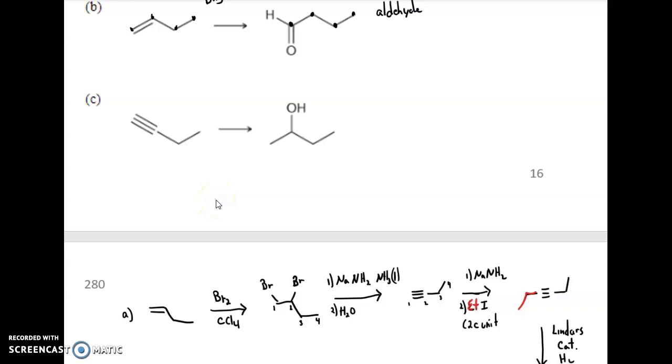Okay. So let's do C right here. We need to get an alcohol on this carbon right here. We have 4 carbons in our reactants and 4 carbons in our product, so we don't have to add any carbons. What we're going to want to do is reduce this triple bond to a double bond, and we use Lindlar's catalyst.